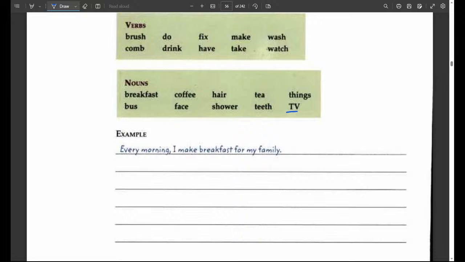So, I drink coffee. See, drink and coffee come together, every afternoon.